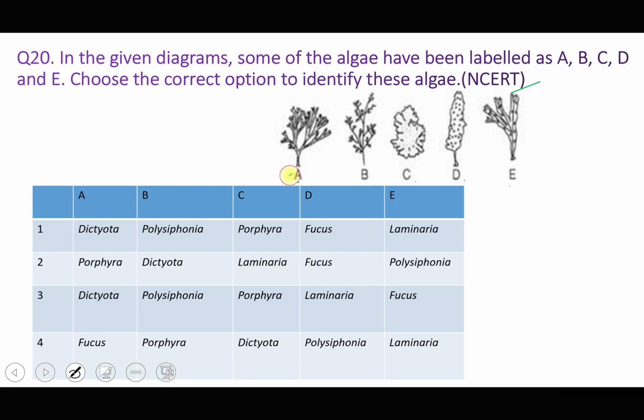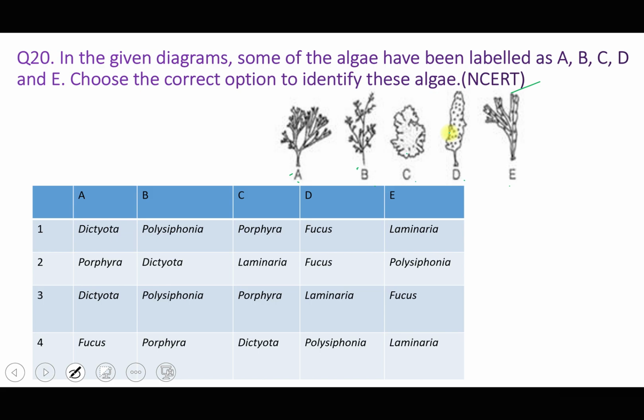The A is actually Dictyota. These are brown algae, and these are dichotomously branched. Then B is Polysiphonia, these are filamentous red algae. C is Porphyra, these are seen as sheets and have filamentous rhizoids. And then D is Laminaria, these are brown algae.